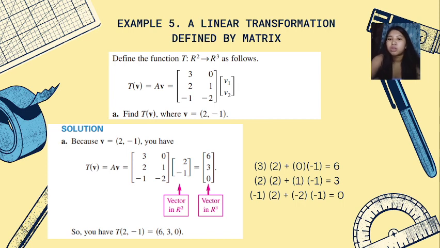And then for the last one is negative 1 times positive 2 plus negative 2 times negative 1. So negative 1 times positive 2, that would be negative 2 plus negative 2 times negative 1, that would be positive 2. So negative 2 plus positive 2 is equals to 0. So now we have the linear transformation ng 2, negative 1. So that is equals to 6, 3, and 0.